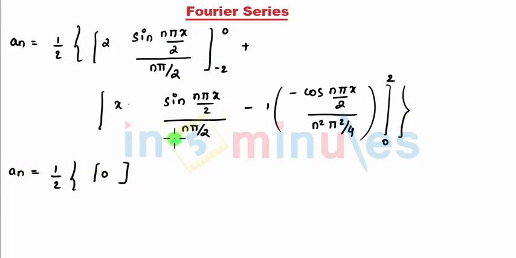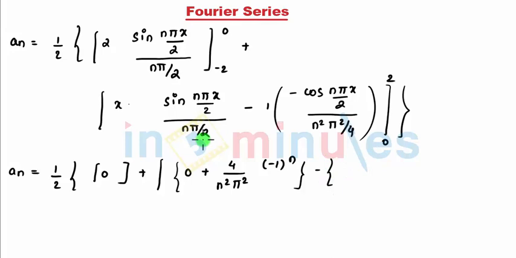And the second time when you substitute 2 here, that comes sin n pi, which is nothing but 0, minus and minus is plus 4 divided by n square pi square, and when you substitute 2 here, the 2s cancel out, so cos n pi is (-1) raised to n. So this is my first limit.